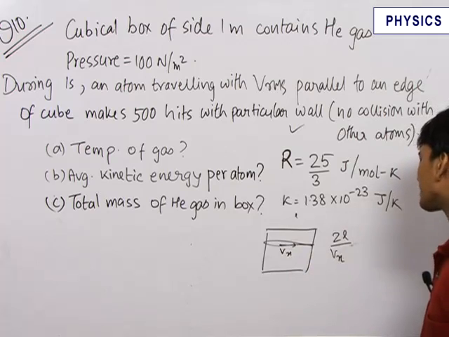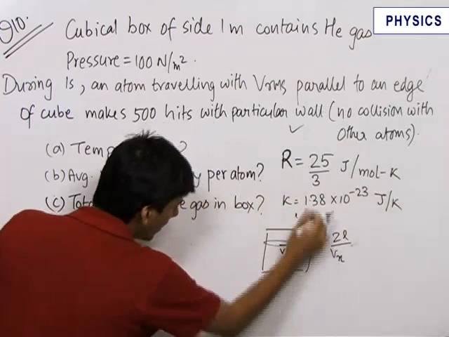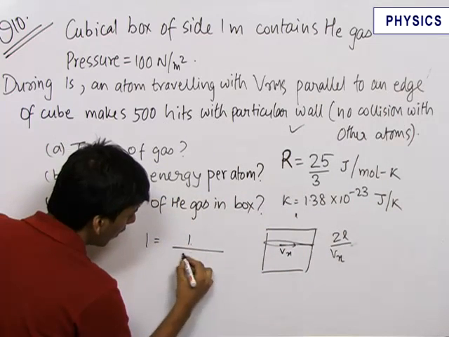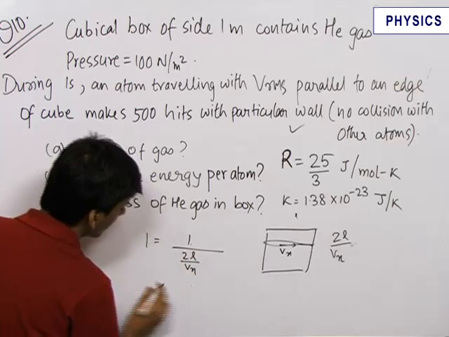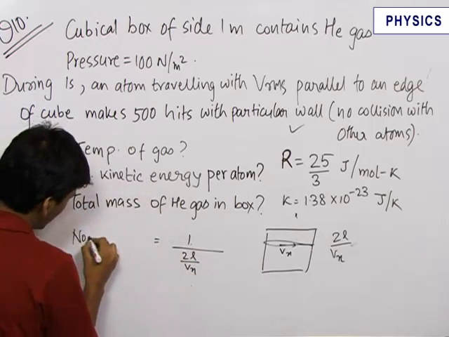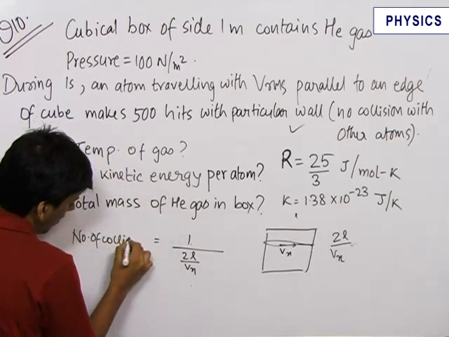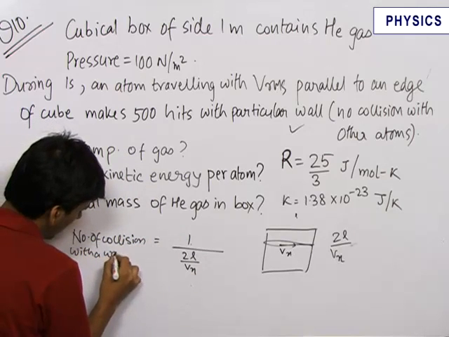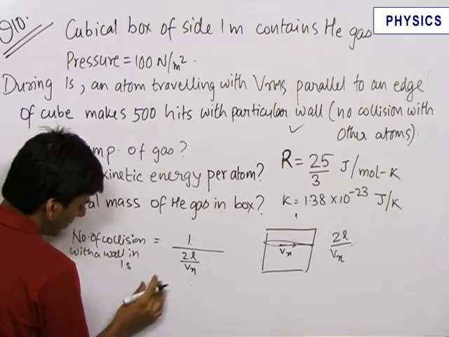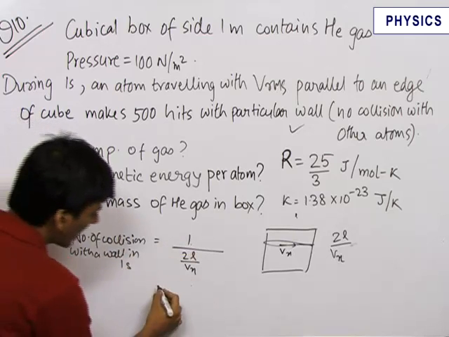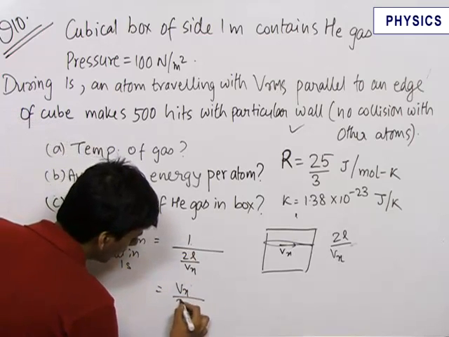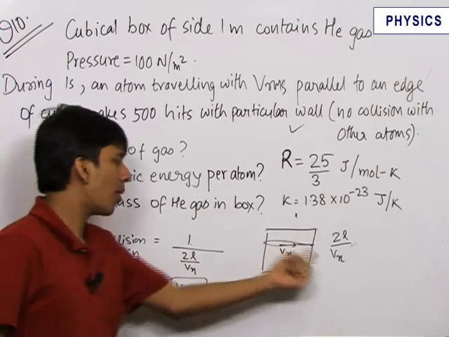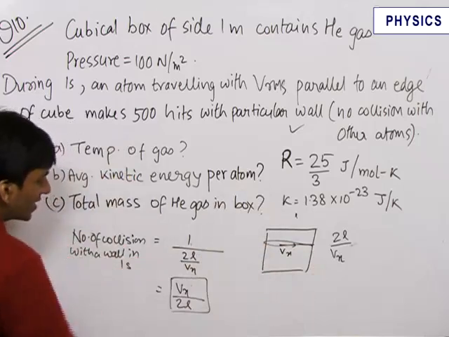Therefore, the number of collisions made with a particular wall in 1 second will be equal to 1 upon 2L upon Vx, which is Vx upon 2L. This was the velocity that is perpendicular to the wall and parallel to one of the edges.